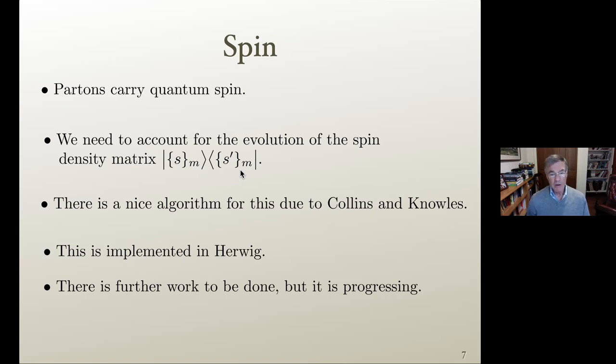And to include those, there's a nice algorithm that's due to Collins and Knowles. Most of the parton shower event generators do not include that, but they should. It is implemented in the latest version of Herwig, and there's further work to be done to include it. But I think work like that is progressing, and I think before the next Snowmass, everybody will have that.